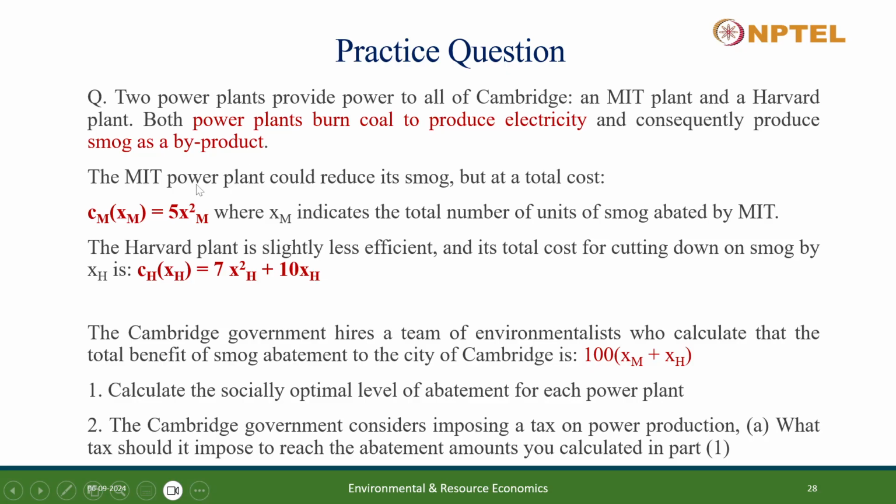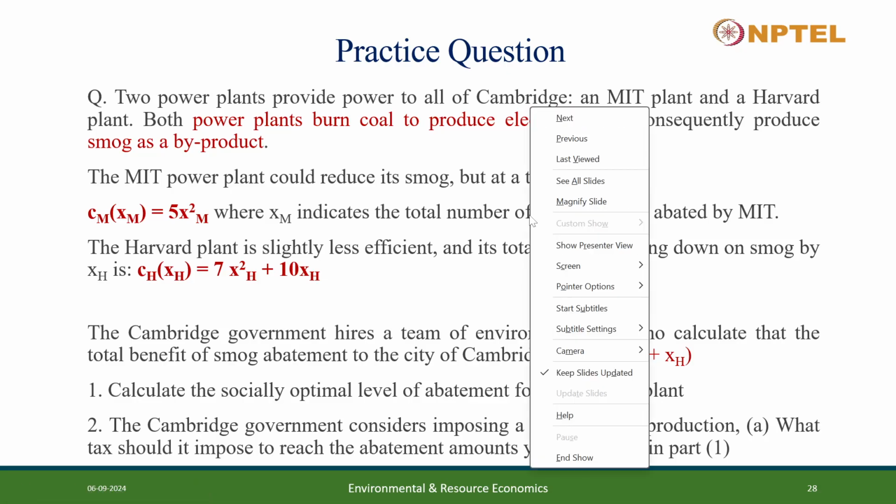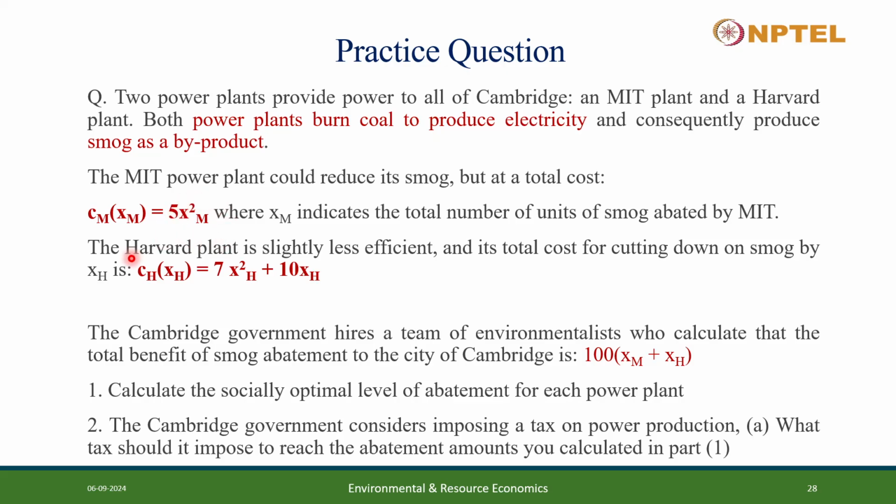So the marginal cost for reducing the smoke, the pollution abatement cost. This is the cost curve, Cm function of Xm, where Xm indicates the total number of units of smoke abated, right? So that will be equal to 5x square.